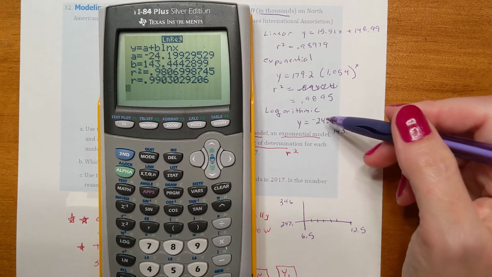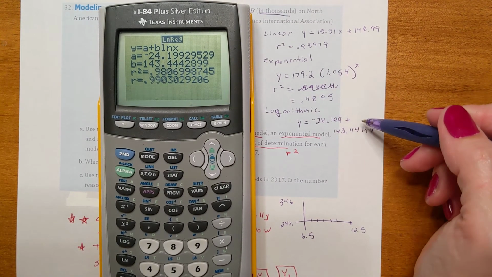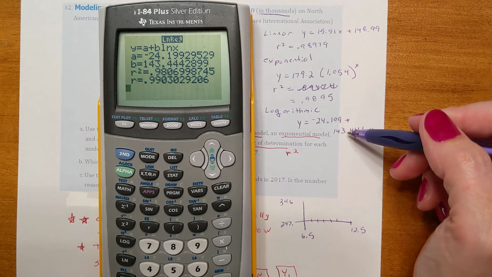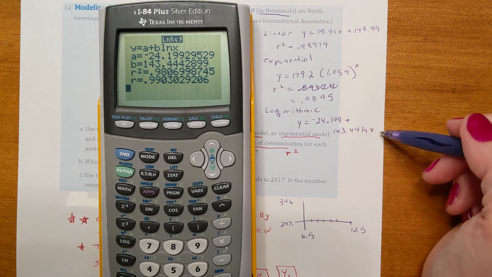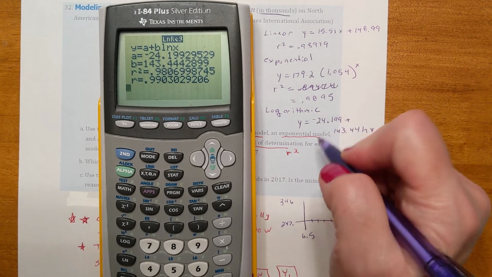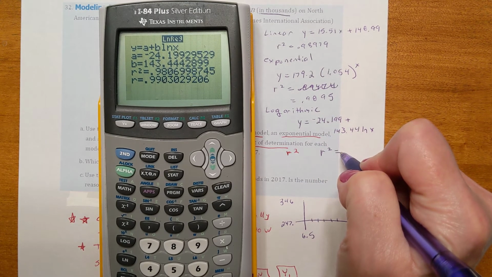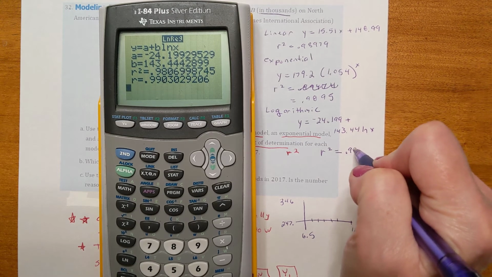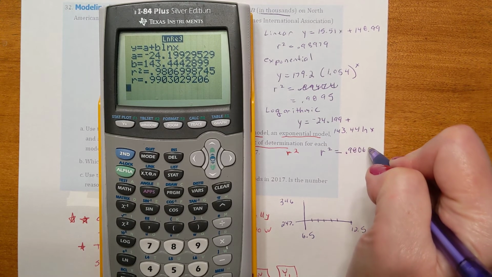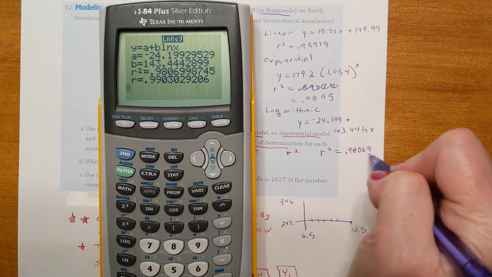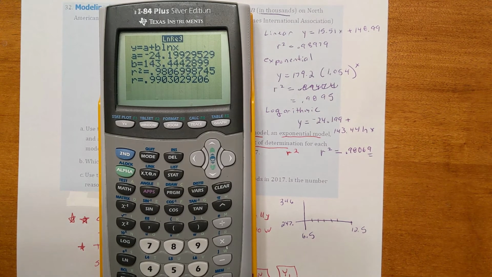So negative 24.199 plus b, 143.44 natural log of x. Okay, we need the r squared value again. And r squared for this one is 0.98069. So that one would round up technically.